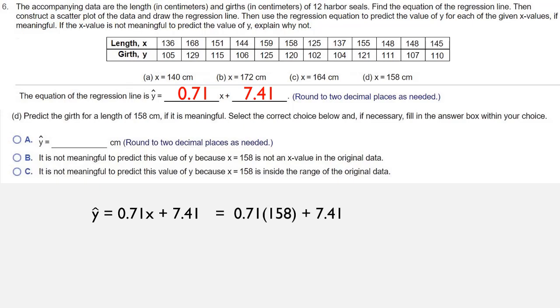We'll replace the x with 158, so we get 0.71 times 158 plus 7.41, which is 112.18 plus 7.41. And when we combine those together, we get 119.59. So the correct answer here is choice A, and we fill in the box with 119.59. And that's your answer.